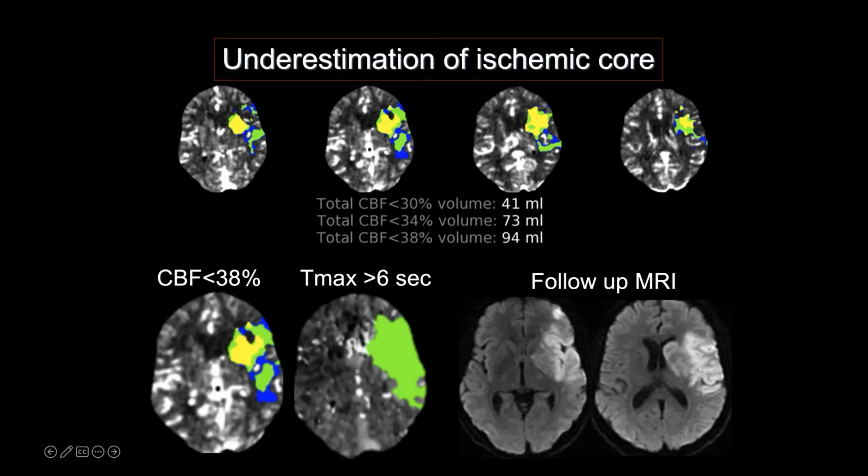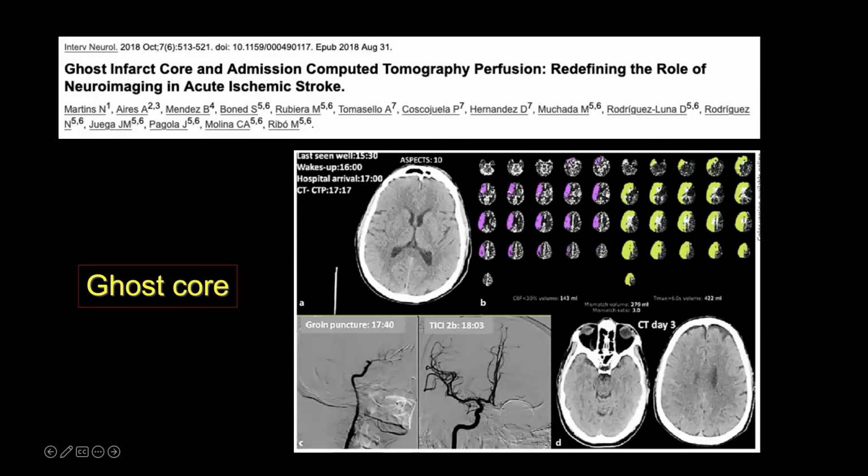But look at that follow-up MR. It is actually showing that same area of infarct that matches with CBF of 38%. And I'll come to why we have chosen the CBF of 30% and how it makes sense. But again, think about the different thresholds. Again, here it is underestimating the core.